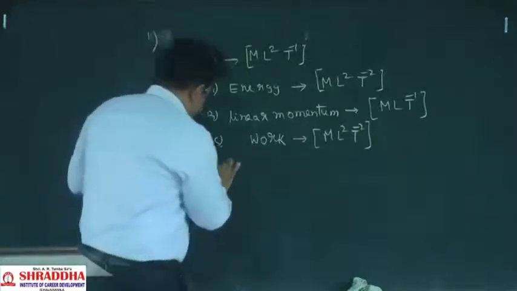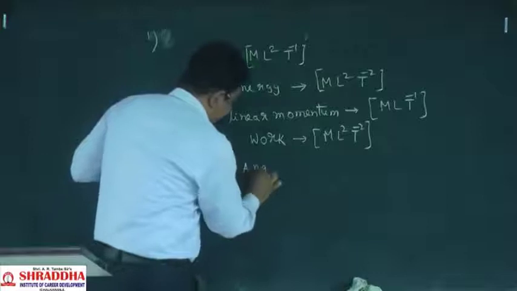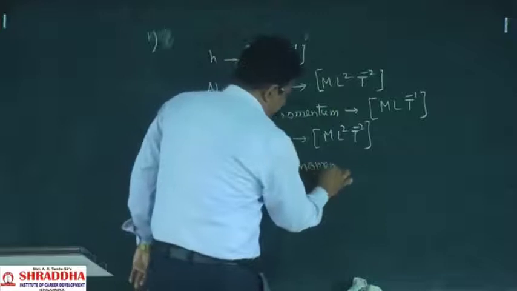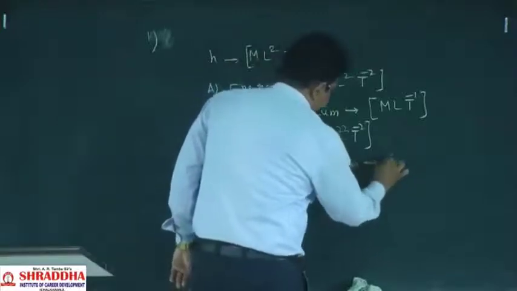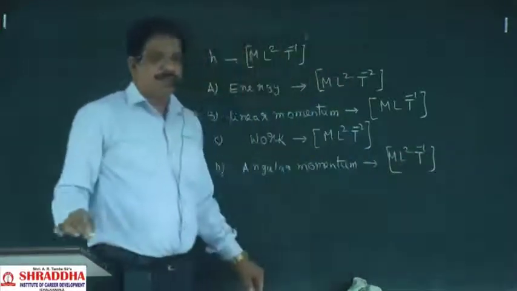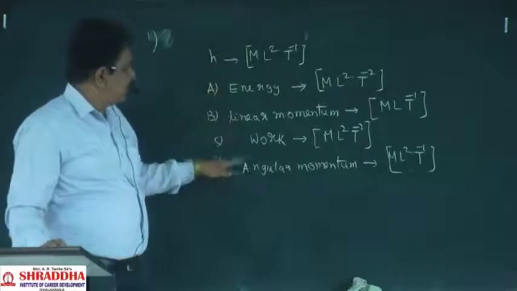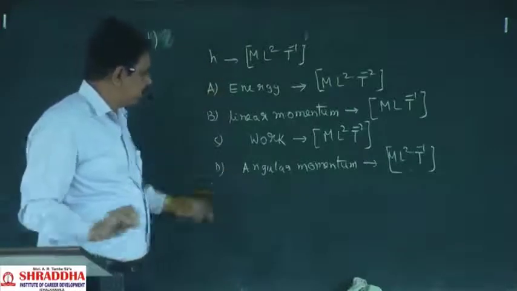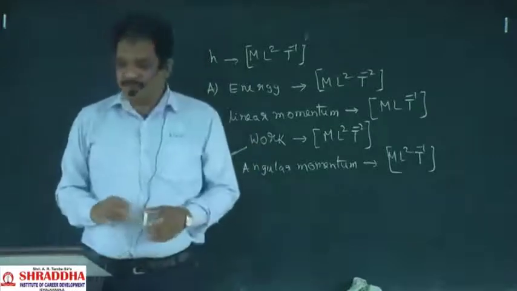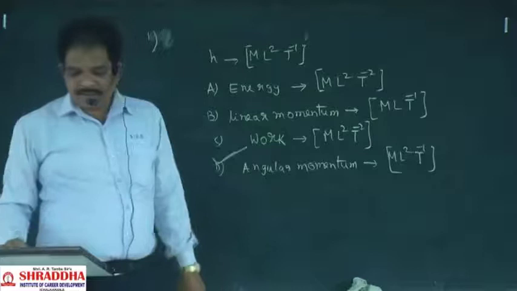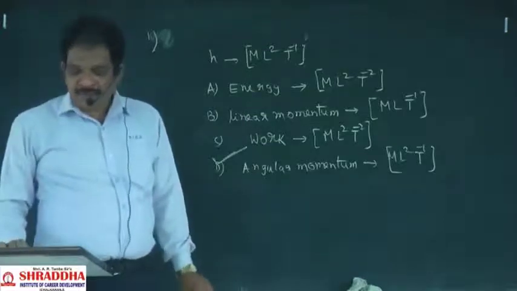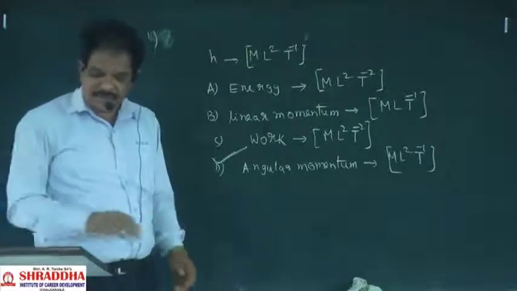Next, angular momentum. Angular momentum dimensional formula mL square T power minus 1. So H and this option will have same dimensions, mL square T power minus 1. So Planck's constant and angular momentum will have same dimensions.